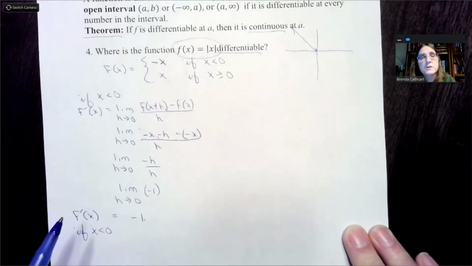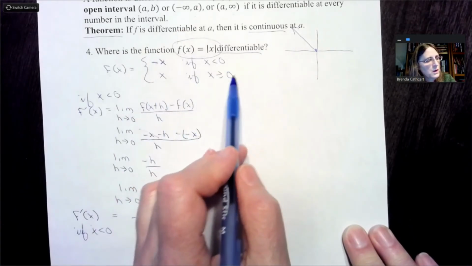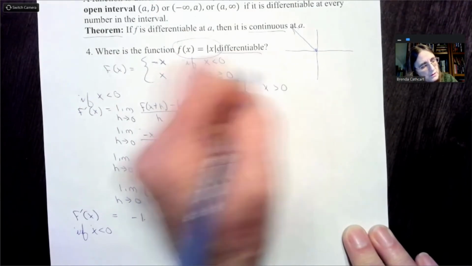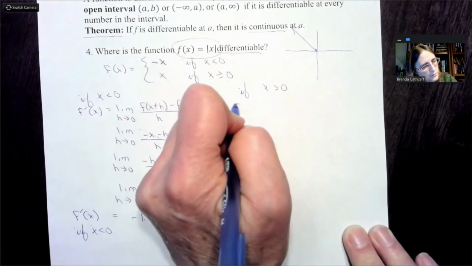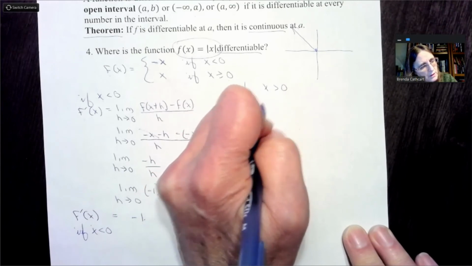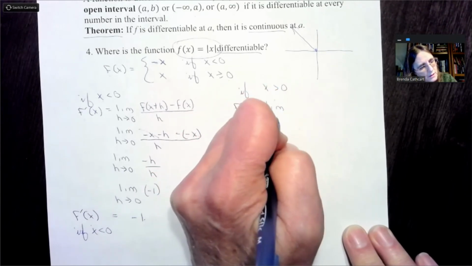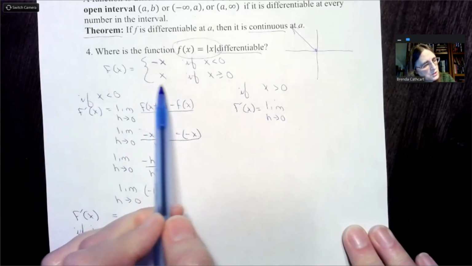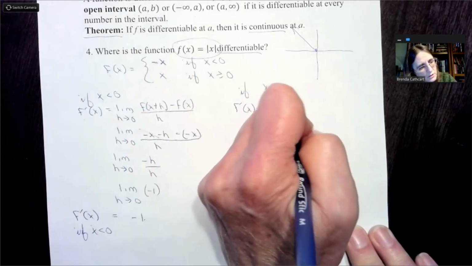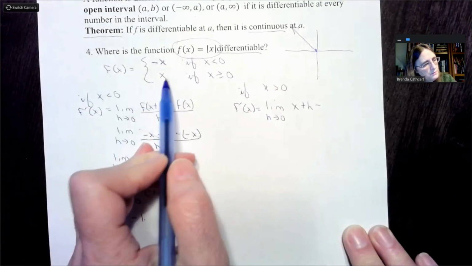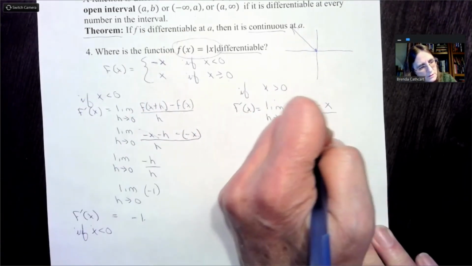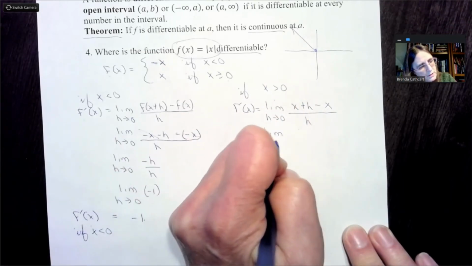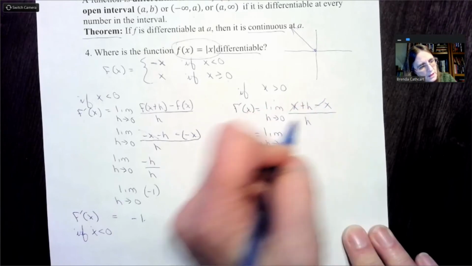Now let's see what happens on the right side when x is greater than 0. So if x is greater than 0, our rule for f prime of x is the limit as h approaches 0. This time my f of x plus h is just going to be x plus h minus f of x, which is just x, all divided by h. And so we get the limit as h approaches 0. The x's add to 0.